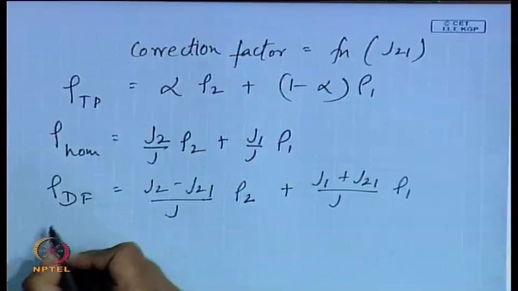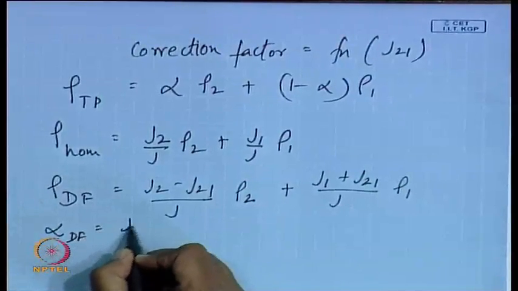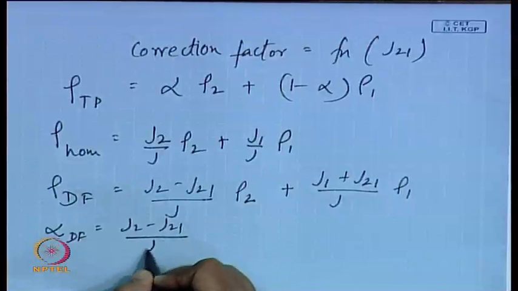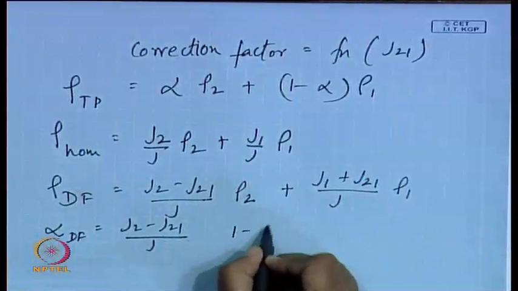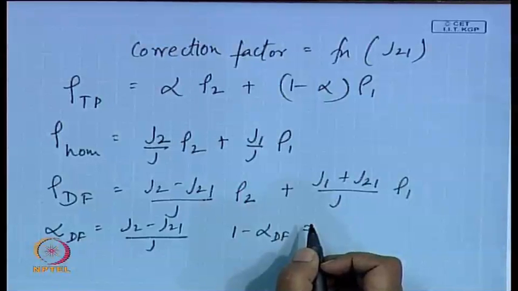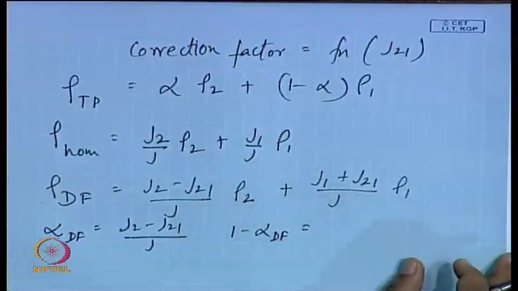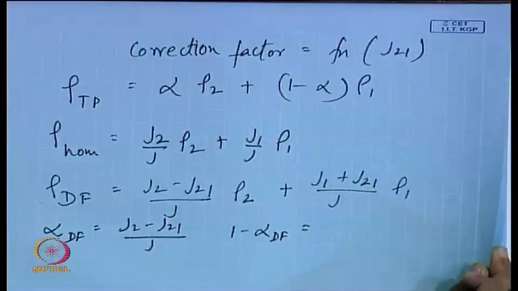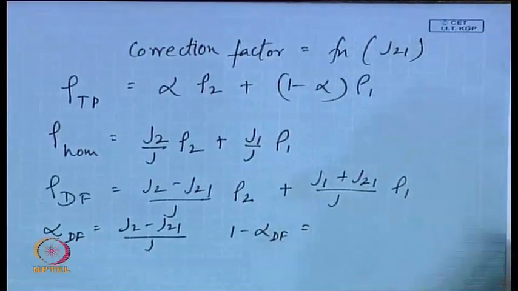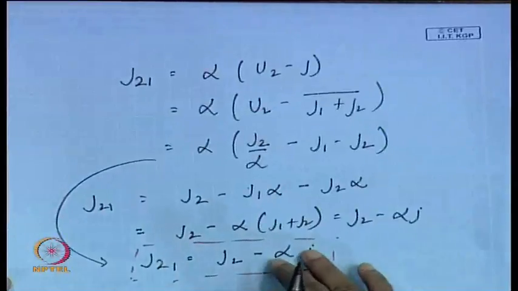Okay. So, we had already defined alpha drift flux as J2 minus J21 by J. Similarly, if we define 1 minus alpha drift flux, what is the expression that we will be getting? For this, again we can refer to the expressions of J1. In this particular case, we had obtained the expression in terms of J2.